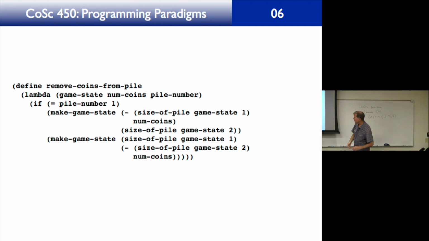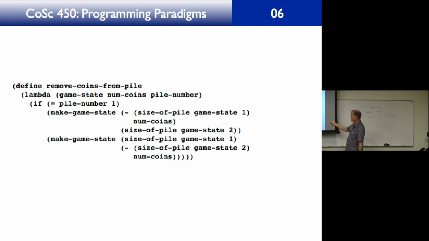Now look at this remove coins from pile. What does it do? It's lambda, game state, num coins, pile number. If pile number equals 1, what does it do? Make game state, yeah. And then what? Minus size of pile, game state 1, num coins, size of pile, game state 2. Otherwise, make game state, size of pile, game state 1, minus size of pile.